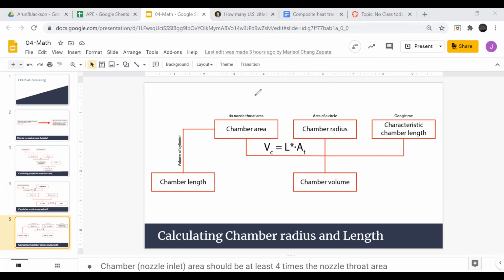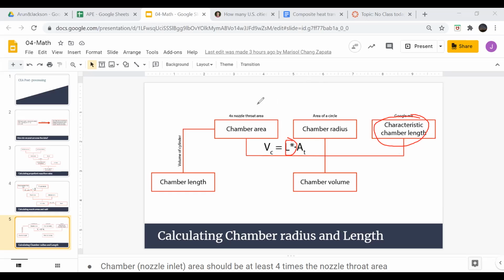So basically, in order to find the length of the combustion chamber, we use something called the characteristic chamber length, written as Lstar. Basically, this is a parameter specific to the propellant combination you're using, and it's a weird measure of combustion reaction rate.